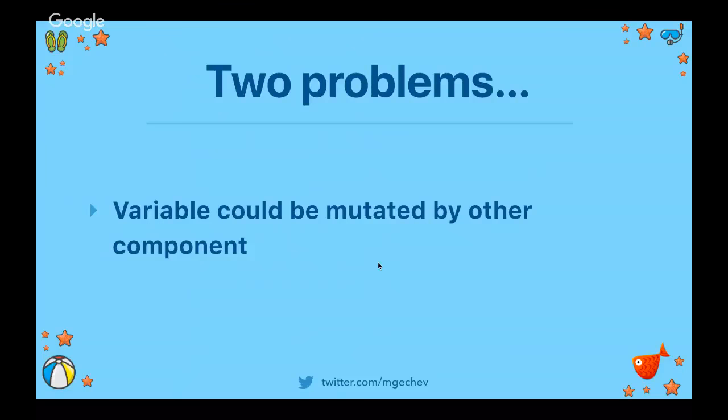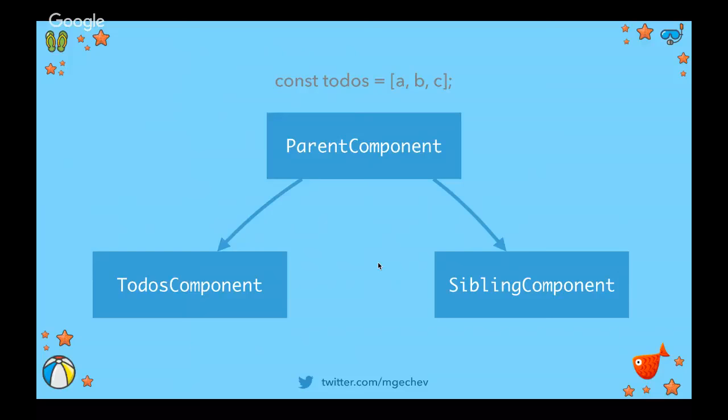However, there are two problems with this specific code that we saw. The variable that we're passing as an input can be mutated, it can be changed by another component. So here is an example. We have our parent component on top, and it has two child components, the to-dos component and a sibling component. When we pass the array with to-do items to the to-dos component, the to-dos component is going to render it.